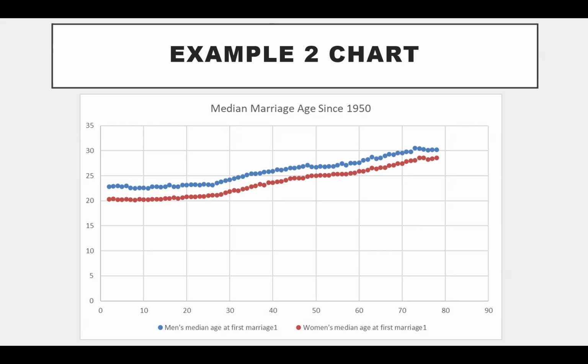This data set is a collection where the US Census Bureau sees how old people are when they get married, and then they throw out all the non-first marriages, and that's where we get this data.